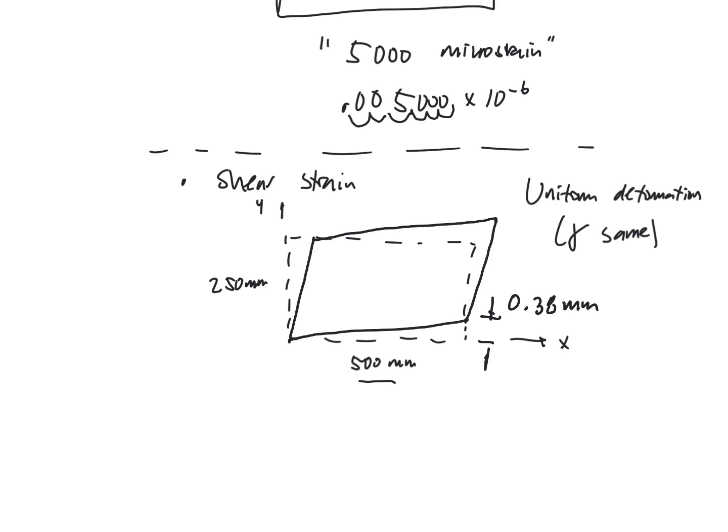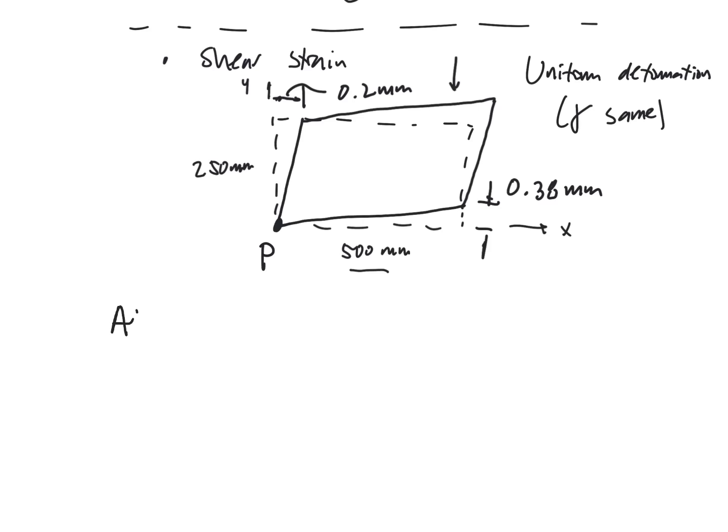And then the horizontal distance, this distance right here, is 0.2 millimeters. And then the upper section then moves accordingly. It also goes up that particular amount, so this point is moving up. But we don't really worry about that, because what we want, that's our point P, then we would like to have the shear strain at P. So what we would say is at P, we want gamma in the XY system.